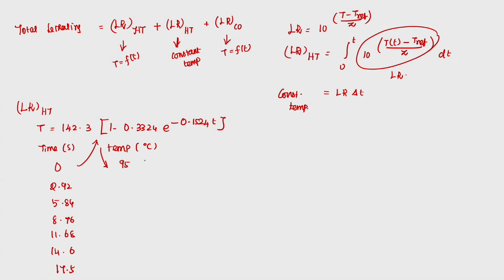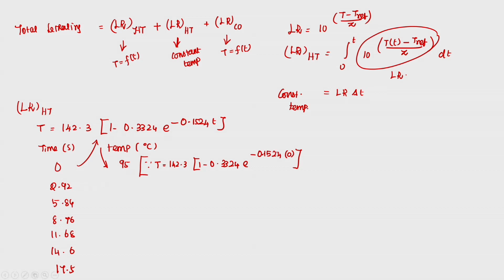So, how did I obtain this 95? I will substitute in the T formula, which is nothing but 142.3 into 1 minus 0.3324 e power minus 0.1524 into T, where the time is 0. So, from this I will get 95.